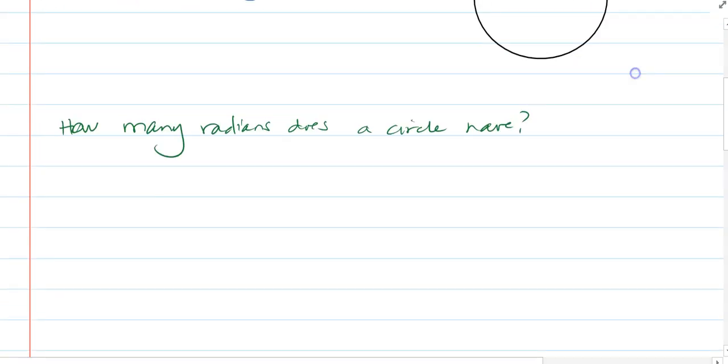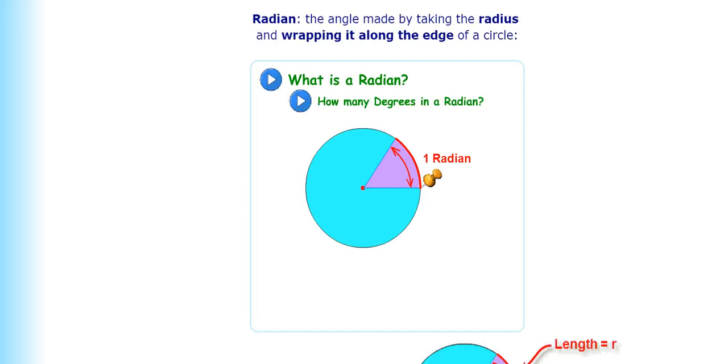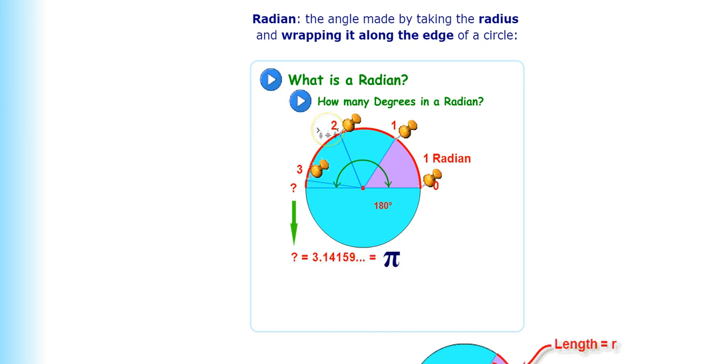And just like a circle has 360 degrees, there's a very set number of radians for every circle, which is pretty cool. Let me show you. Again, I'll go to that applet. It says how many degrees in a radian. So watch what they do when they take the radius and put it along the edge. On 180 degrees, they get 3 of those radiuses and a little change.